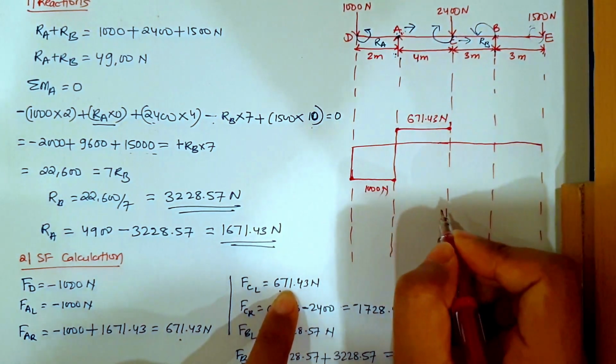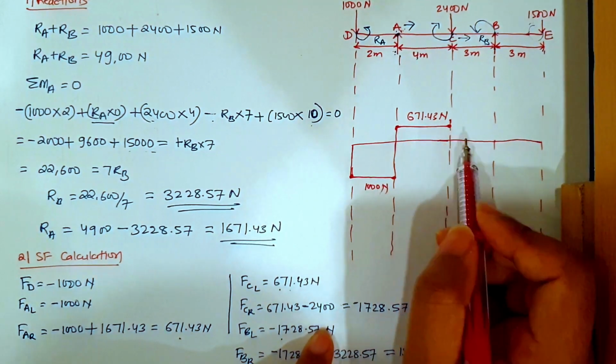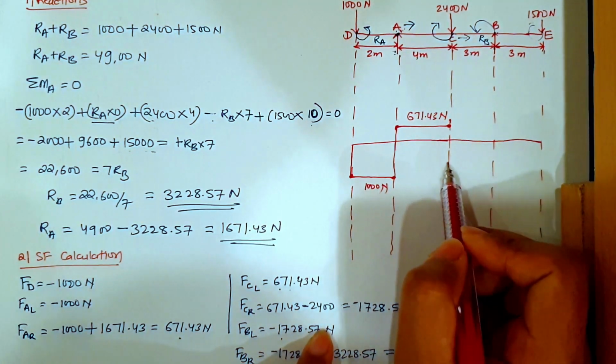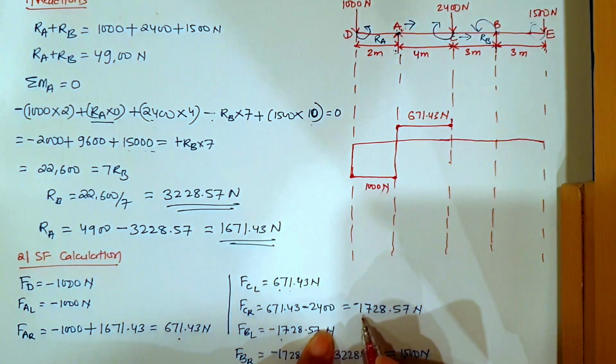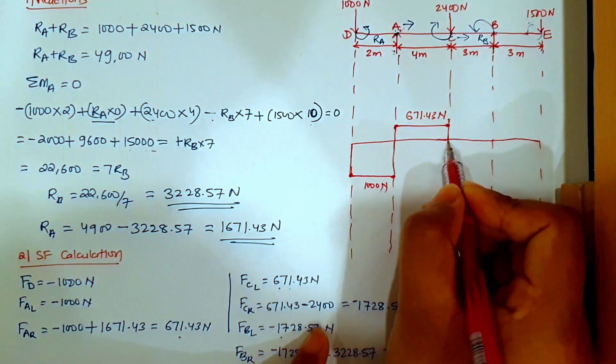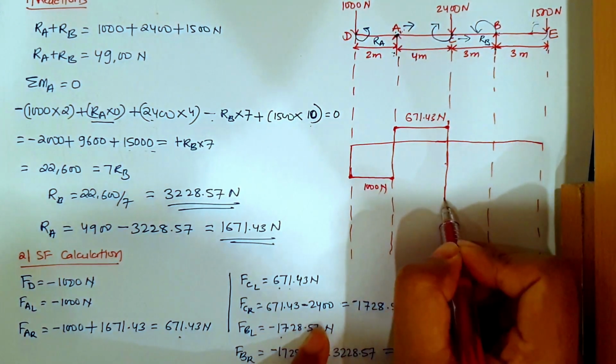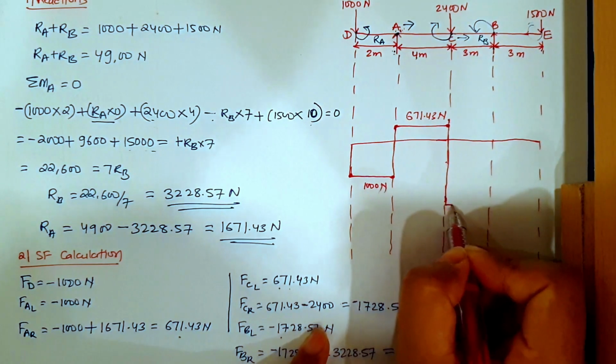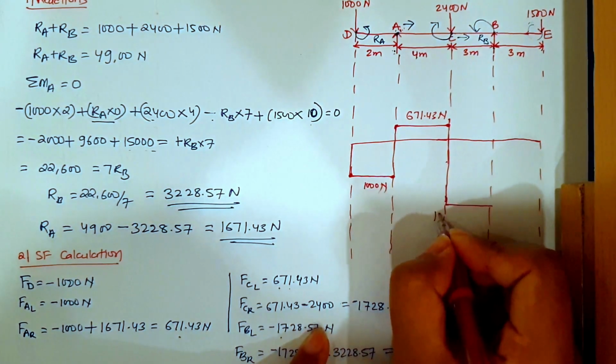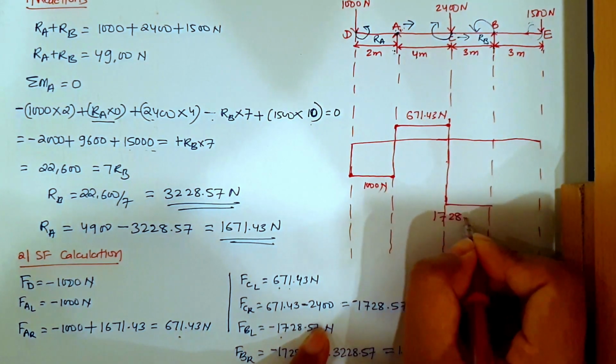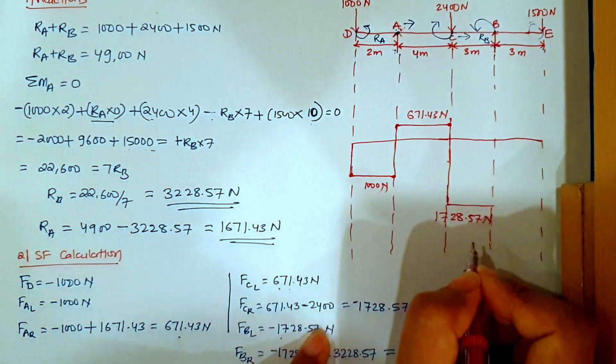At the left hand side of C it is 671.43 Newton. Now when it is going to the right hand side of C, it is decreasing and going to 1000 minus 1728. So let me mark it here. This is 1728.57 Newton.